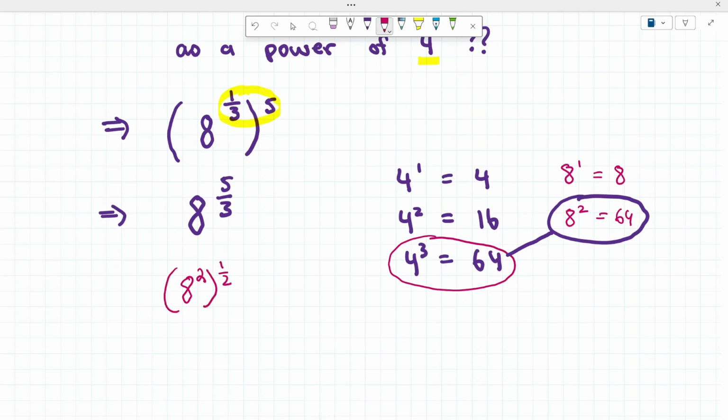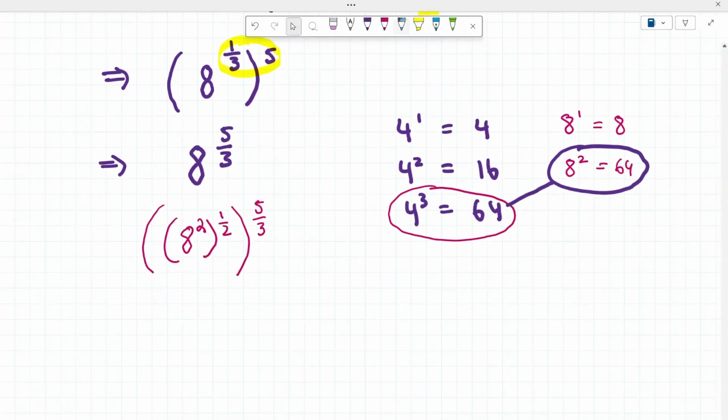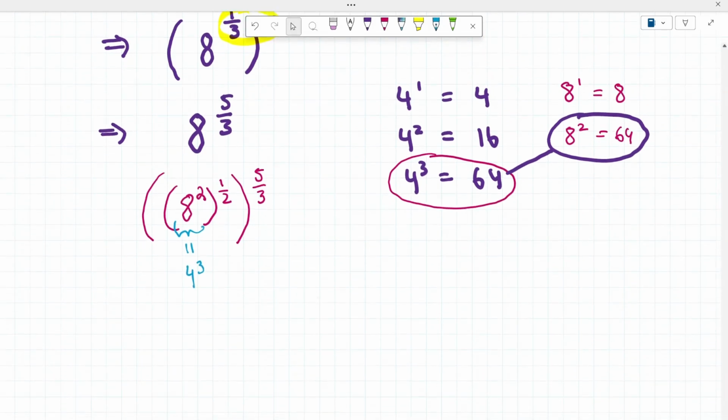This is equivalent to 8 because these two exponents would cancel each other out, and then we have to still remember our outer exponent of 5 over 3. But the trick here is that we know that 8 to the power of 2 is the same as 4 to the power of 3. So that means we can write this as 4 to the power of 3, all to the power of 1 over 2, and then all to the power of 5 over 3.